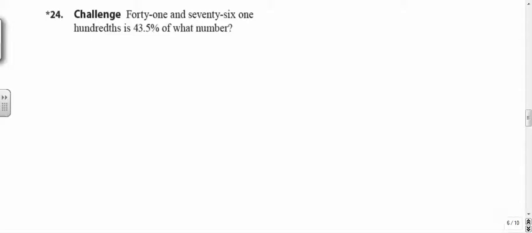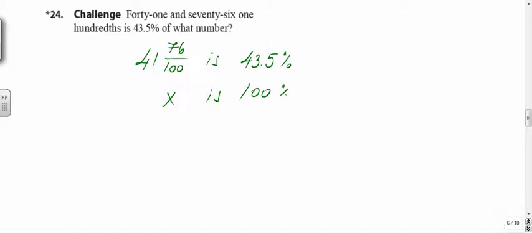Challenge: 41 and 76 hundredths is 43.5% of what number? So 41 and 76 hundredths, right, is 43.5%, right, of what number is missing, which is definitely 100%, and this is your proportion. 41 and 76 hundredths.